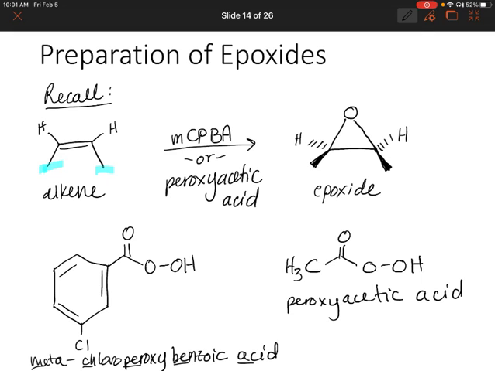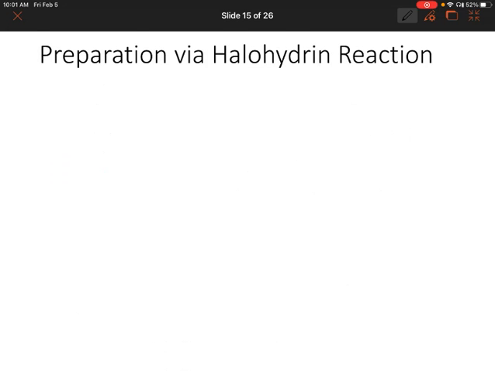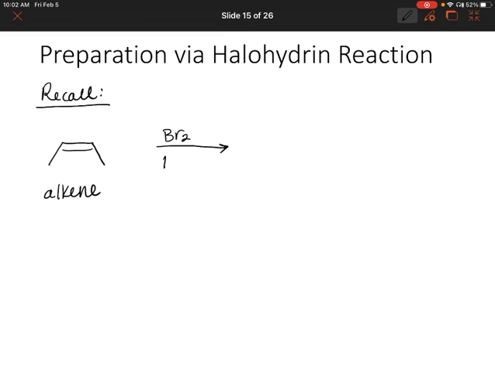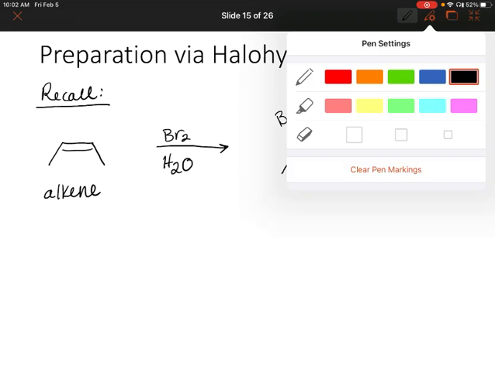All right, so now let's talk about another way that we could prepare an epoxide. So this is epoxide preparation via halohydrin reaction. So recall that if you have an alkene, we'll use the same one we saw before, and you treat it with bromine and water, you're going to see anti-addition of bromine and water.